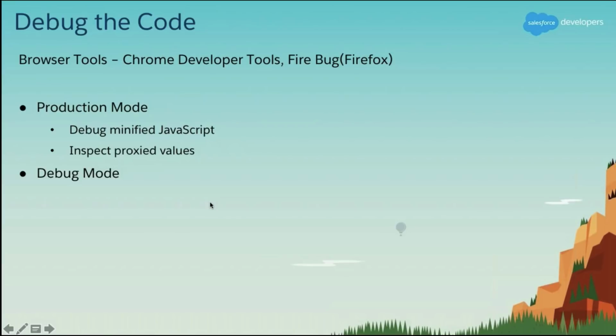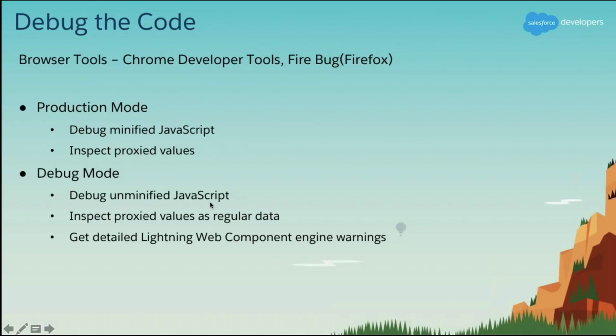So you have a minified JavaScript code, and limited probability of identifying the issue in production mode. And if you're using decorators like @wire, @track, and others, those values are displayed as proxy values in production mode. We'll see how it looks with a short demo.